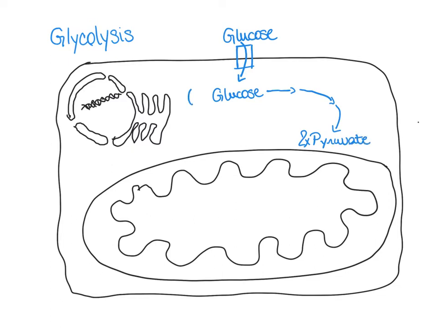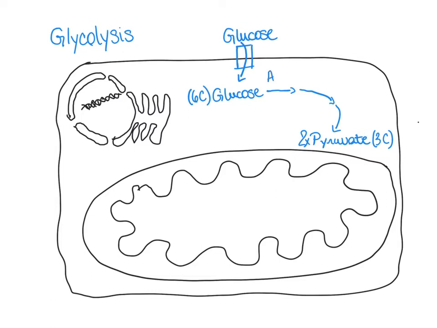Right, so glucose is a 6-carbon molecule, pyruvate is a 3-carbon molecule. So we have to account for the carbons. I'm not going to go into the details of glycolysis, except to say that there are two major steps. The first part of glycolysis actually requires an input of energy.